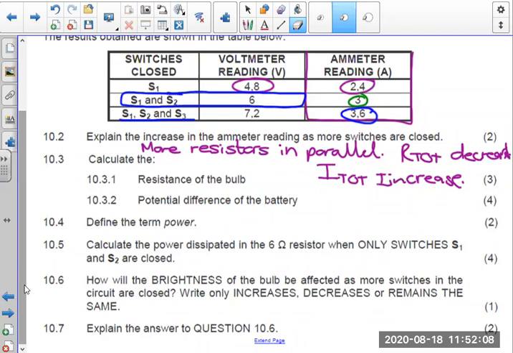So if the current increases, can you see the current increase here? As more switches are added, the current increases, then the brightness of the light bulb will also increase. So in 10.6, you're going to say increase. And then 10.7, they want you to explain the answer.